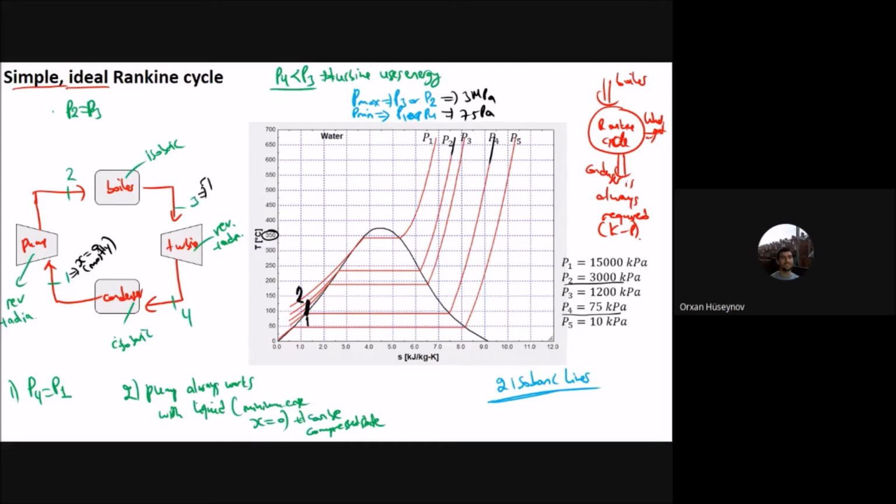So this is the outlet of the boiler, and therefore I go that way, with 3 megapascals at this temperature. So the boiler starts from that one. It increases the temperature. You have the boiling process, the phase change, and then you are heating the superheated vapor.